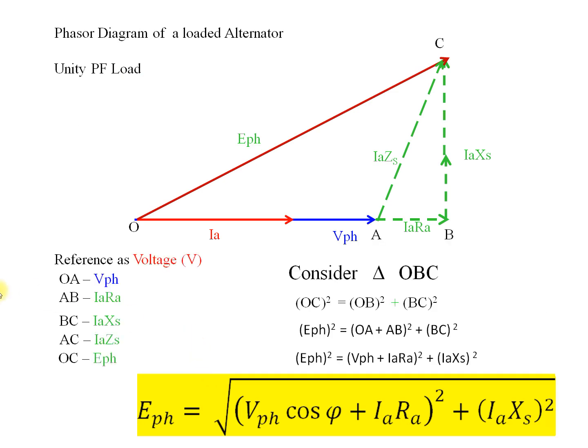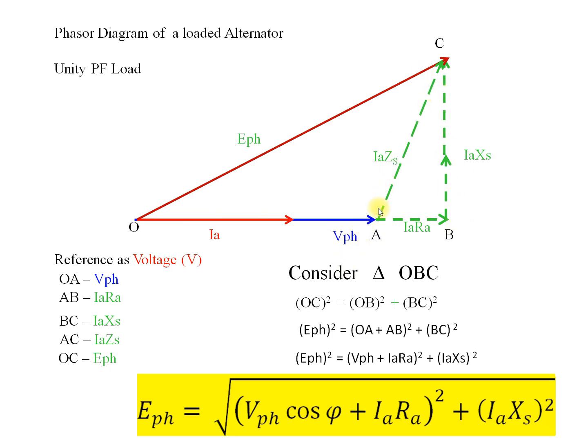Here you can notice we have this V phase. Since our load is a unity power factor load, IA will be in phase with this V phase. Since we need to add the IA ZS drop, we can add the IA RA drop and the IA XS drop. Since IA is in phase with V phase, IA RA will be in this direction and IA XS will be perpendicular to this line.